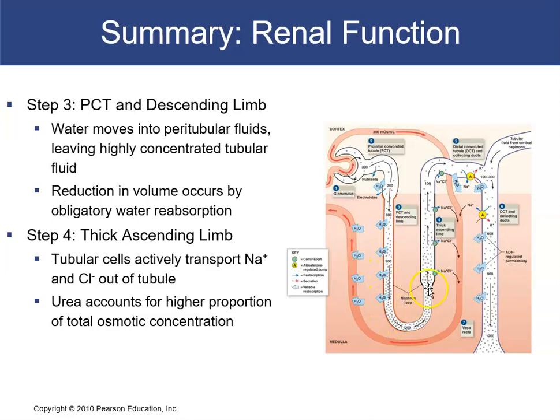Then we come around and enter into the thick ascending limb. Here, the tubular cells actively transport sodium and chloride out of the tubule and into the surrounding area. Now, the main solute left behind is urea. This accounts for a higher proportion of the total osmotic concentration of the fluid.